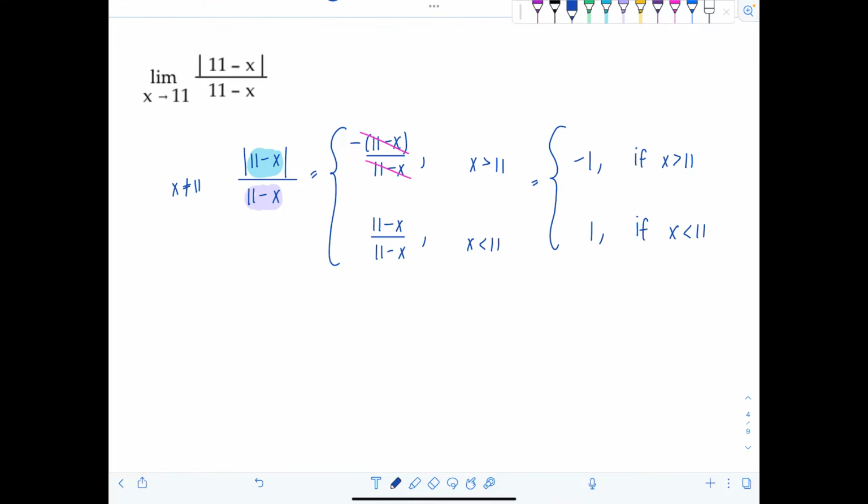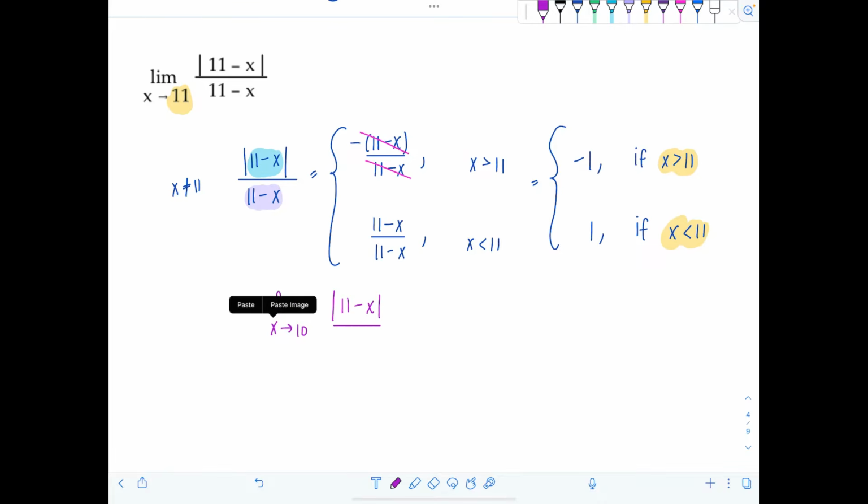All right. So notice they're asking us to find the limit as x approaches 11. They're not telling us from which side. So I need to check both sides because notice that's precisely where the domain splits for my piecewise function. This is important, let me explain this. If they asked me for the limit as x approaches 10 of this guy, you don't need to check both sides of 10.